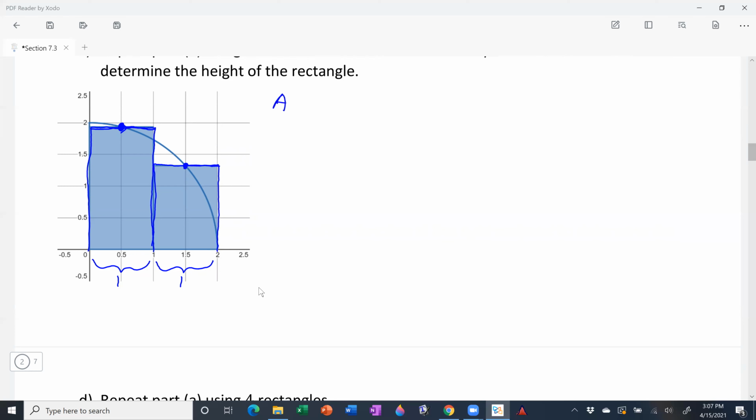Okay, so let's work this one out. Area is going to be, still a width of 1 for each of them, but now we're evaluating the rectangles at a function value of 0.5 for the first one and 1.5 for the second one. So this is 1 times the square root of 4 minus 0.5 squared, plus 1 times the square root of 4 minus 1.5 squared.